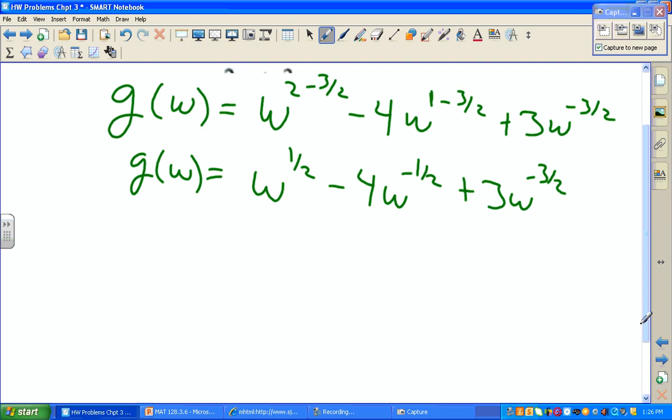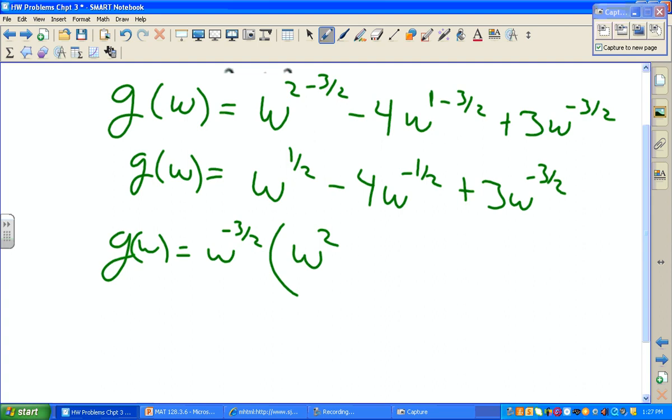Which term are you going to factor out? Obviously, it's going to have a w in it. To which exponent? Yeah, negative 3 halves. You always take the smallest factor. And negative 3 halves is much smaller than negative 1 half, much smaller than 1 half. The question is, what do you have left after you factor out the negative 3 halves? What's a half minus a negative 3 halves? 4 halves, which is 2.